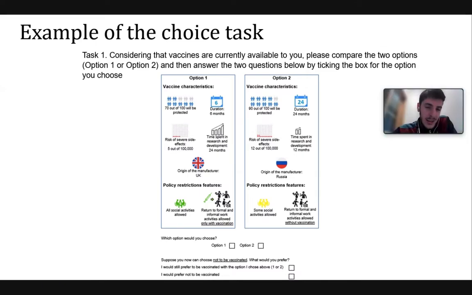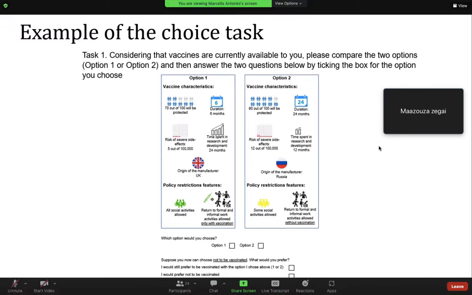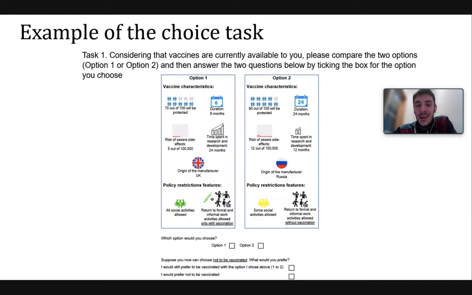Okay, why? Because the manufacturer is the UK. Okay, so that's a great example of why including this attribute is quite relevant, because there is clearly a social background that really leads us to choose one vaccine compared to another.